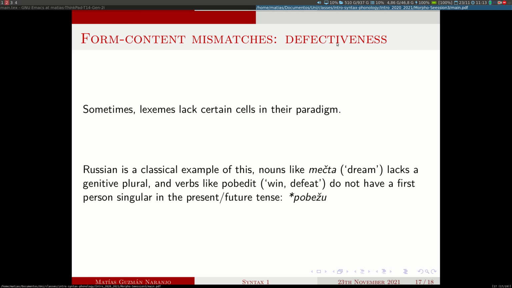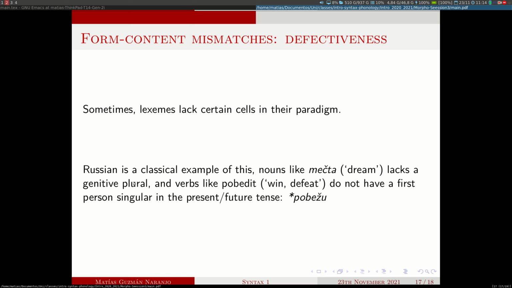Then we have defectiveness. This is also relatively rare, and it's very difficult because the data are so messy. The most famous example is Russian, I think, where you have nouns like mechta, which is dream, which doesn't have a genitive plural. And it's funny in Russian because to count above 5 you need the genitive plural, so you cannot count certain nouns above 5 with a particular construction.